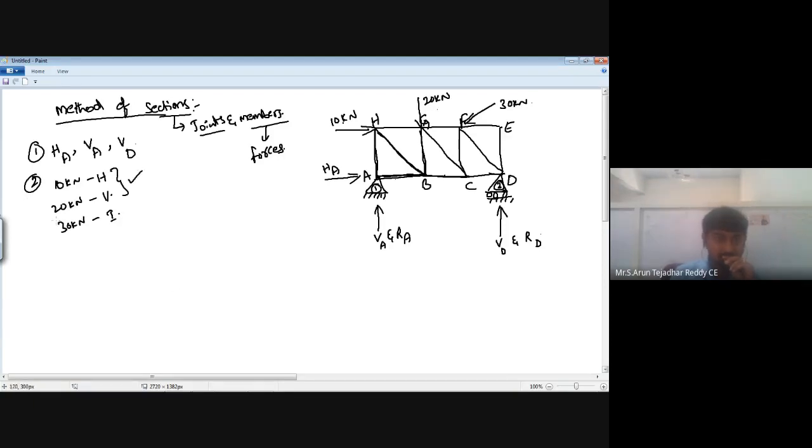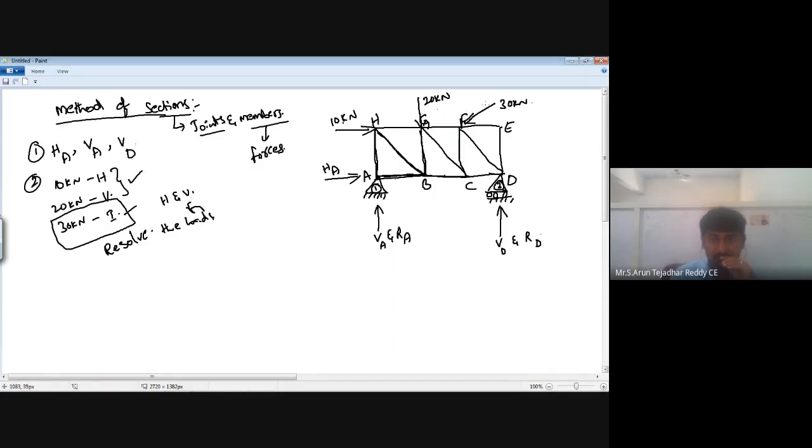But here the 30 kilonewton load is acting inclined. So already we know that in the method of joints also, if your member is inclined in nature, then we resolve the forces by horizontal and vertical. Here the load is acting, so resolve the load by horizontal and vertical.